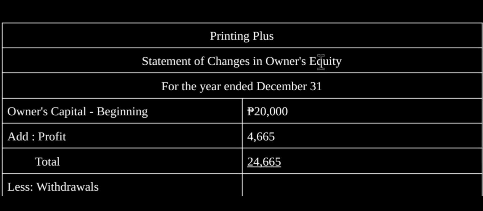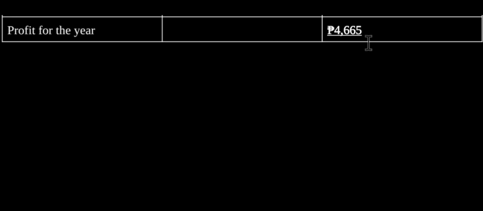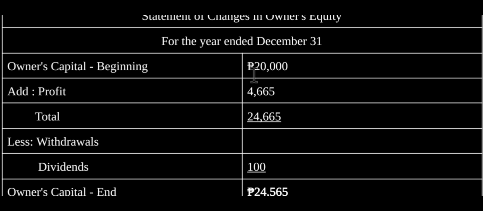Next we have the statement of changes in owner's equity for the year ended December 31. Here we have owner's capital beginning, which is 20,000. We have to add the profit we just calculated here, which is 4,665 added.